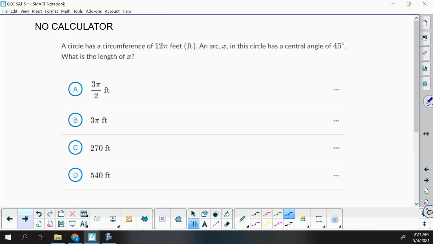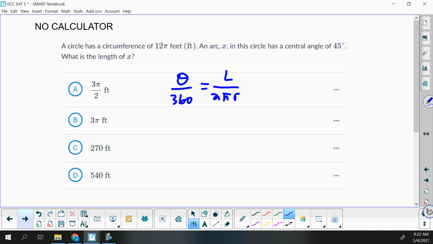Moving on to the bottom of page 26, we'll give you a moment to read this question. So this is the same type of question. We'll have theta over 360 is equal to our arc length over 2 pi r.